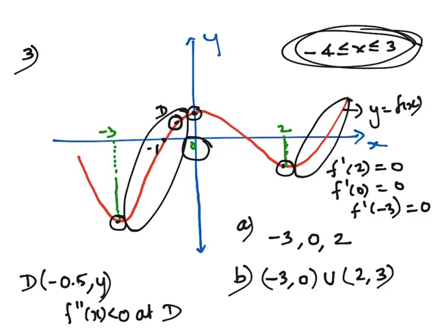This is D. Now we know that this part is concave down, and I have told you already, so whenever you have concave down, f double dash of x will be negative.